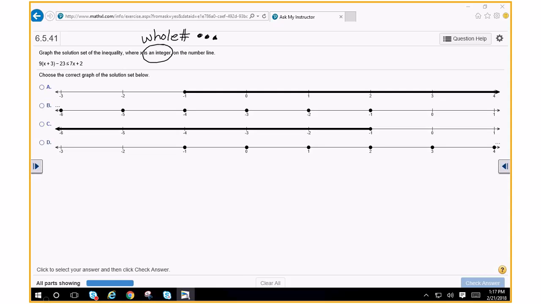So this one's out, and this one's out. Okay, do it. I'll write it big for you. 9 times x plus 3 minus 23, less than or equal to 7x plus 2.